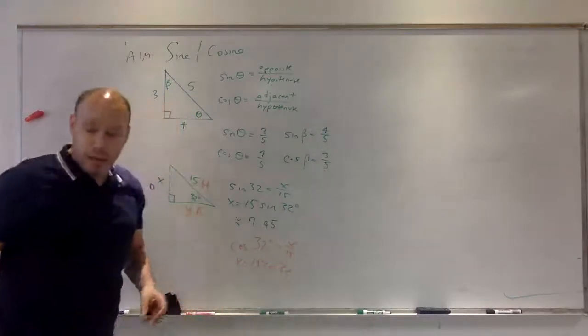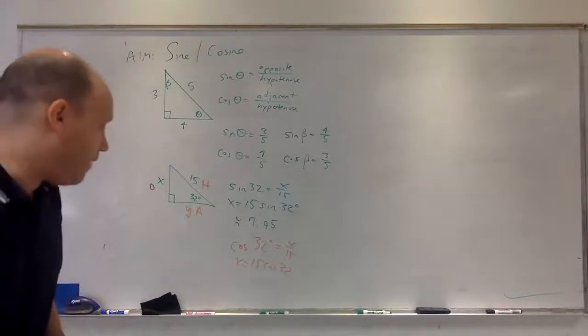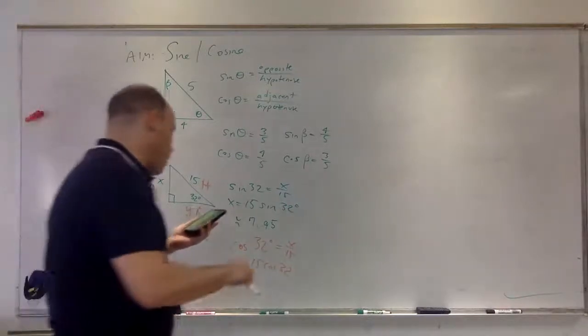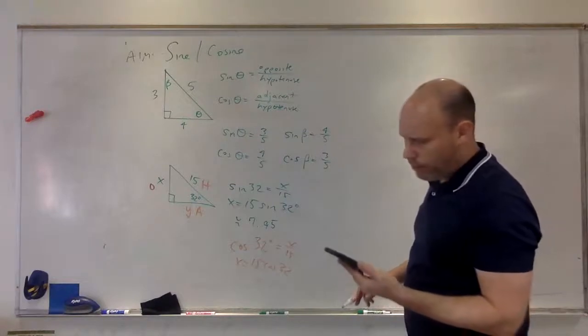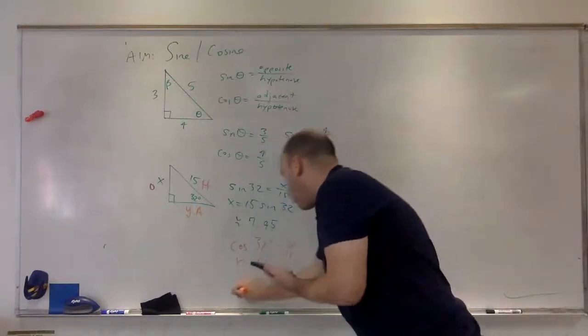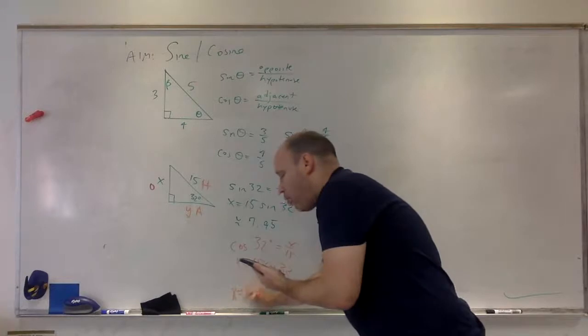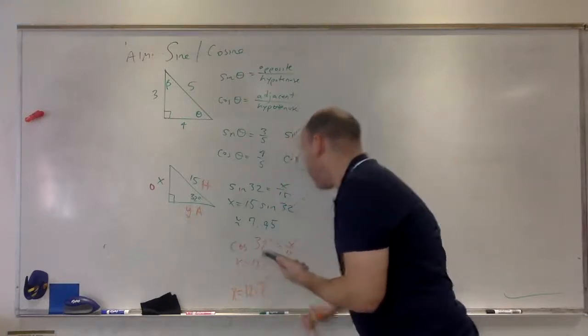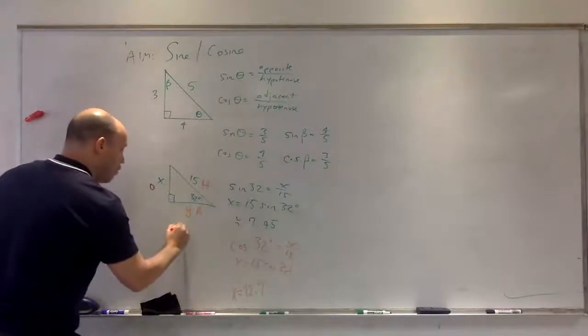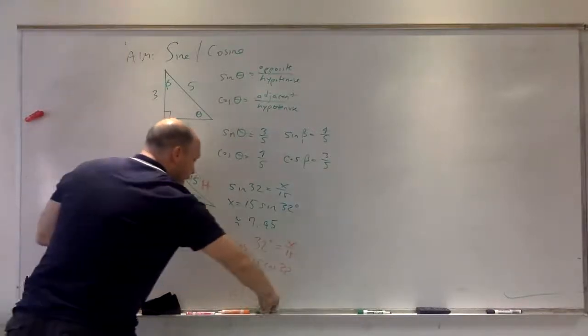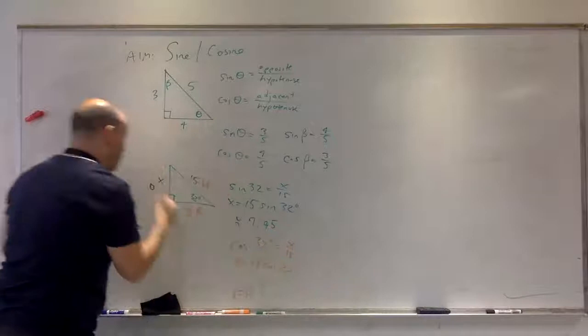Hey Siri, 15 times cosine of 32. The answer is 12.7. And so this length is 12.7, and the length up here is 7.95.